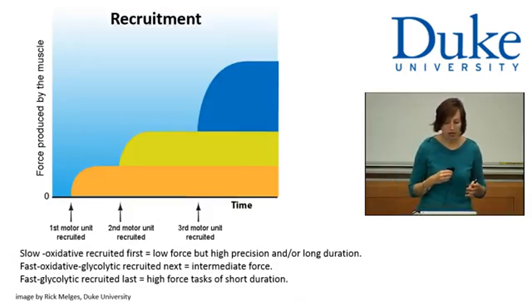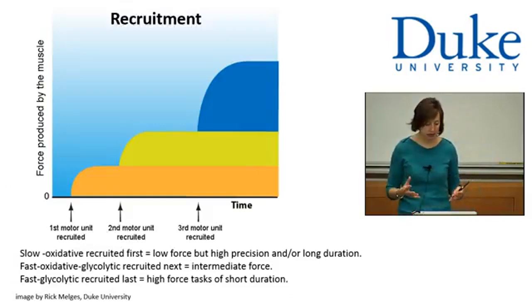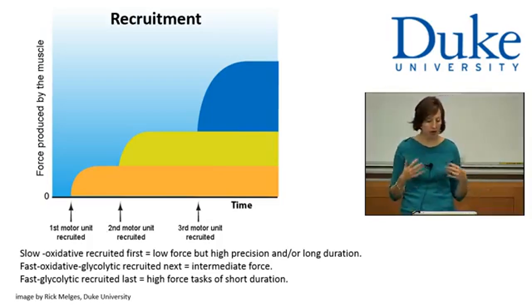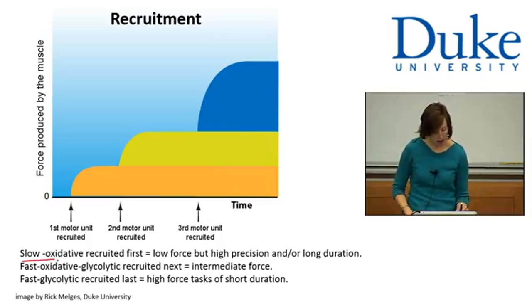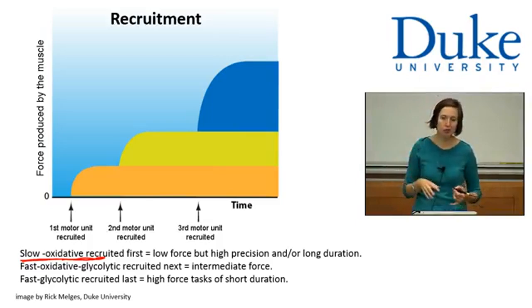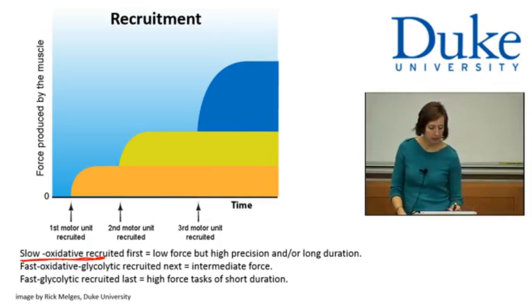So this gets into this idea of recruitment, of you're wanting to do a certain action, then very often the slow oxidative fibers in those muscles are going to be what are recruited first. They're going to start to contract. They're not going to produce tons of force because they're going to be fairly small in diameter, and they're going to produce force slowly because they're slowly cycling, but they can last for a long time.